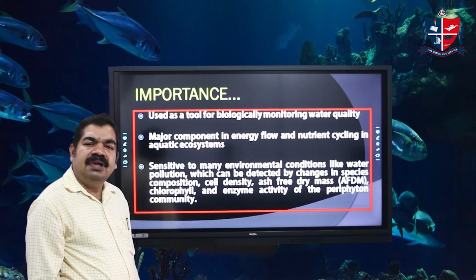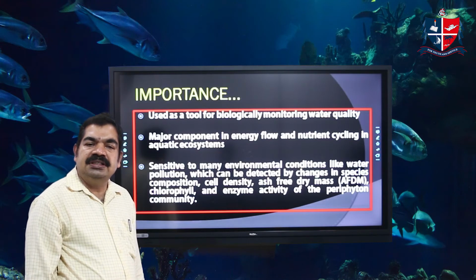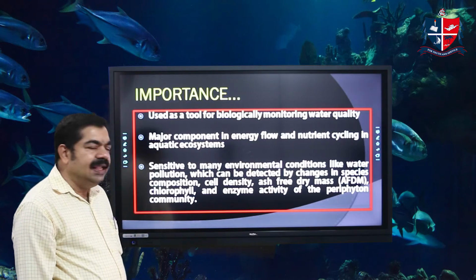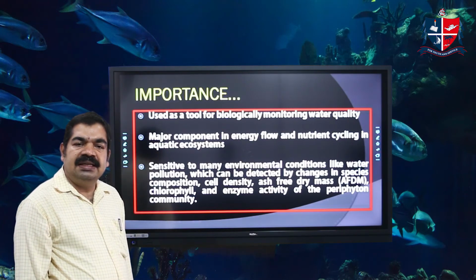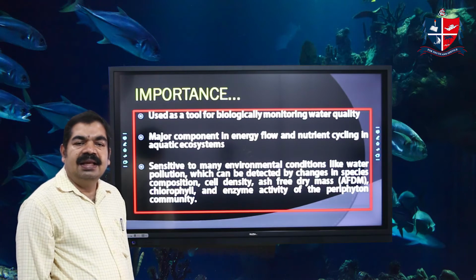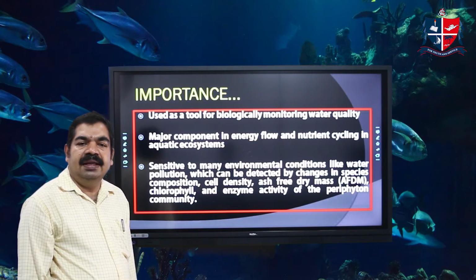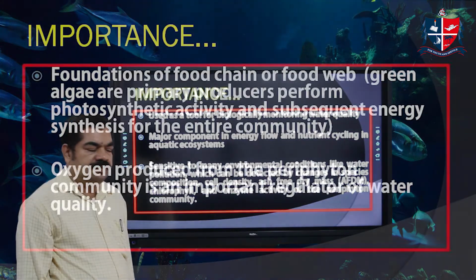As I have already mentioned, this periphyton community is very sensitive to changes in the external environment. So if any pollution or other external environmental changes are there, that can be clearly reflected in this periphyton community. So we can also say it is a biological indicator in water bodies.